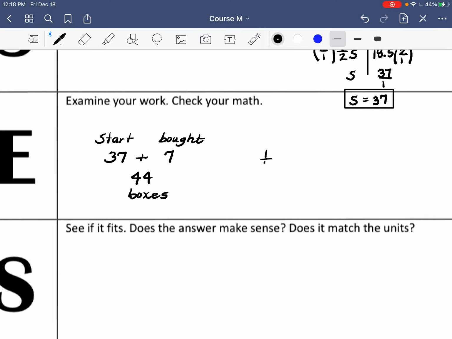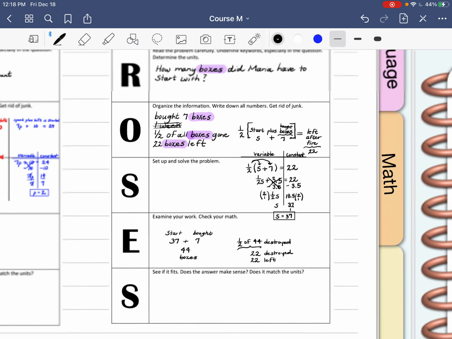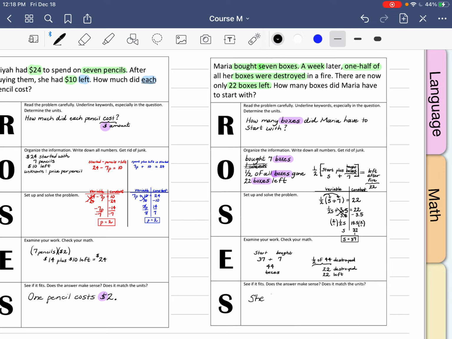Then the fire started and 1/2 of that 44 were destroyed. What is 1/2 of 44? 22. 22 were destroyed. So that means that she had 22 left. And that's what the problem told us, that she had 22 left over. So does it fit? She had 37 boxes to start with.